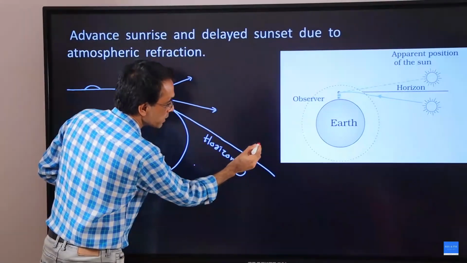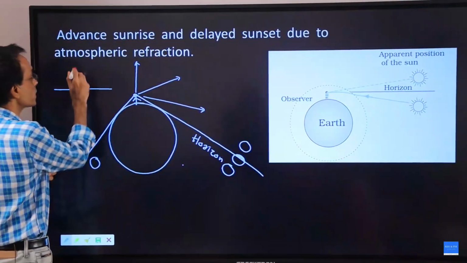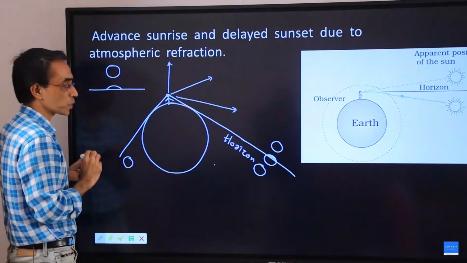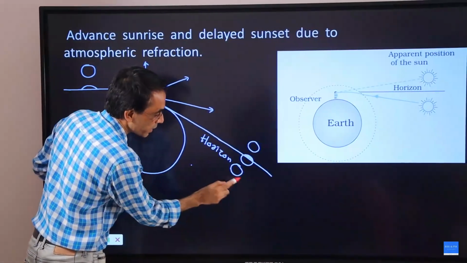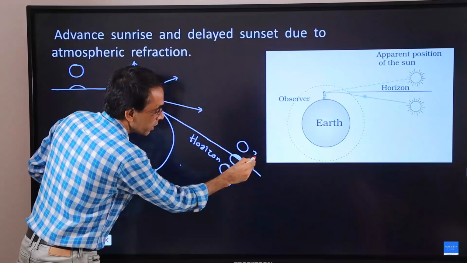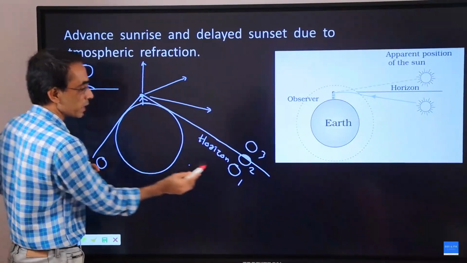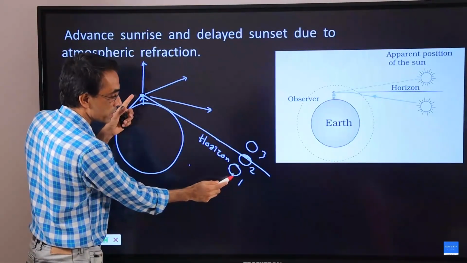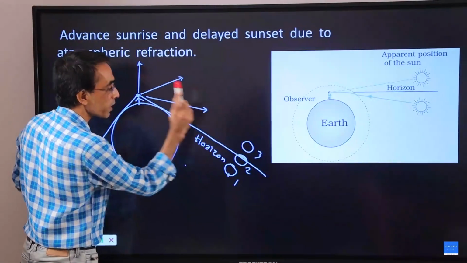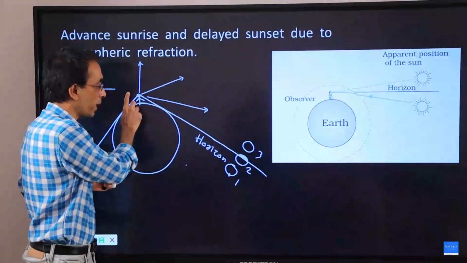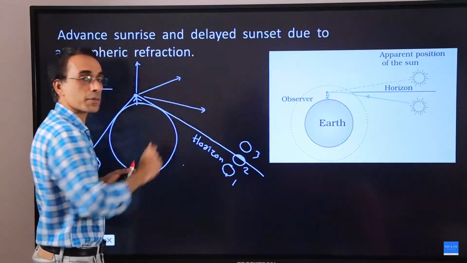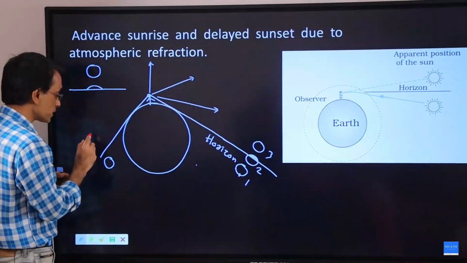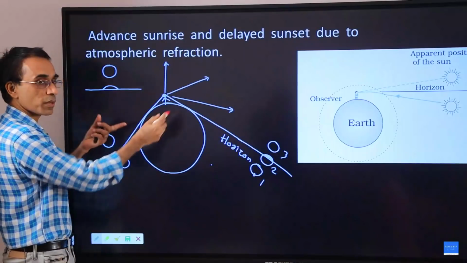Now suppose the sun is somewhere here, the full disk of the sun will be visible to the person. So if the sun starts here, 1, 2, 3, going like this, here it is not visible, here partially visible, here completely visible. So the man will feel that the sun is rising. Same way, suppose the sun is here, visible.